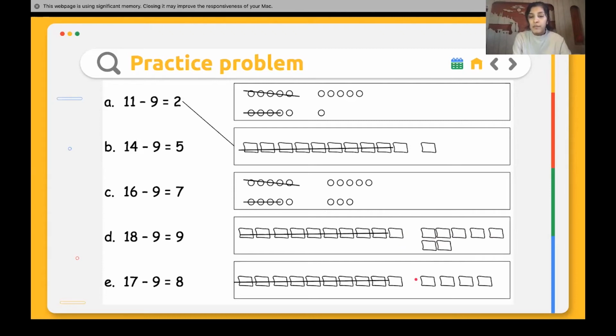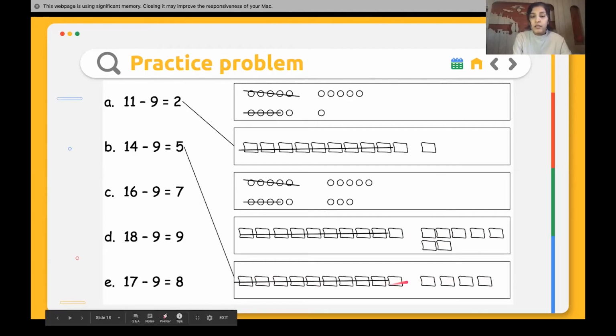What about this one? It has 1, 2, 3, 4, 5. So yeah, 5, and then 9 crossed out. So this one is 14 minus 9 equals 5.